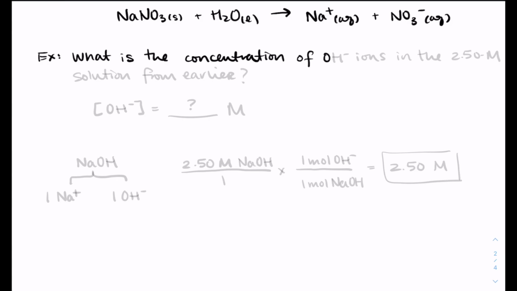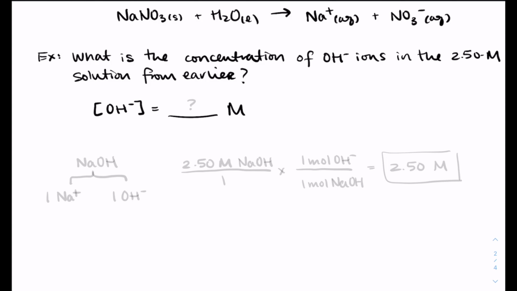So let's use our solution from earlier, the 2.50 molar solution, and calculate the concentration of hydroxide ions in that solution. So what I'm saying is, what is the concentration of OH minus? And we represent concentration by putting brackets around stuff.